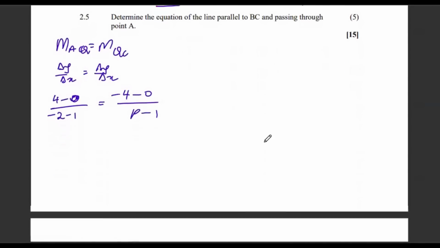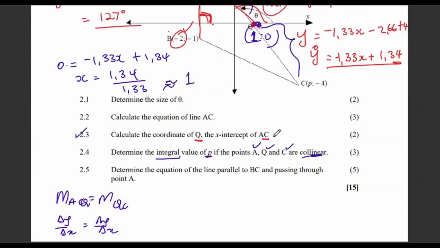Okay, so let's simplify the left. That's 4 over negative 3, which is equivalent to negative 4 over P minus 1. Let's cross multiply. That's going to be 4P minus 4 is equal to 12. So 4P is 16, meaning that P is going to be 4. Remember, P is on the positive side of the x. All right, there we go.